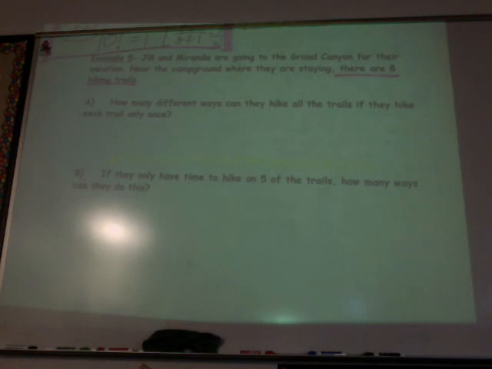Silently to yourself, figure out all the ways that they can. In other words, for their first trail hike, how many choices do they have? For their second trail hike, how many choices do they have? For their third trail hike, how many choices do they have? So silently write that down. You should have the answer right now. Silently. But you should still show your work.